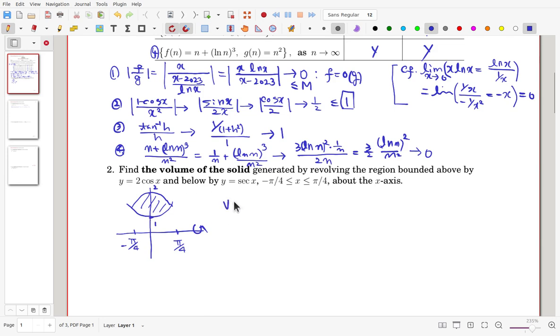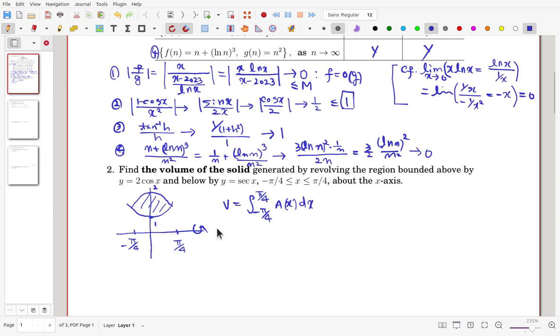Now we try to get the volume. The volume is the same as an integral. Now the lower bound is minus pi over 4, and the upper bound is pi over 4. For the computation of volume, you have to put here the area and dx.